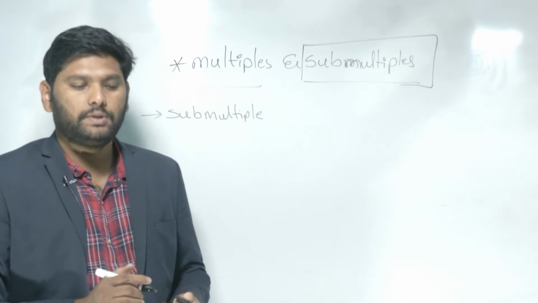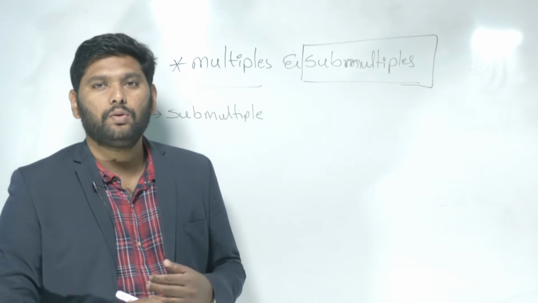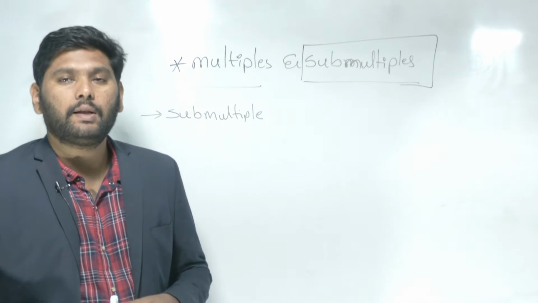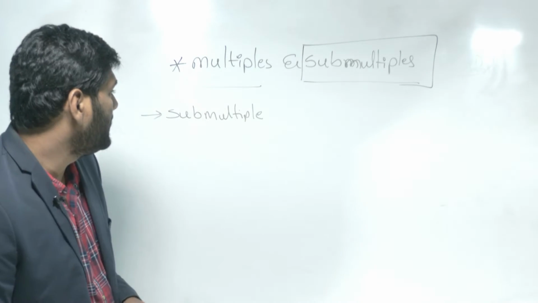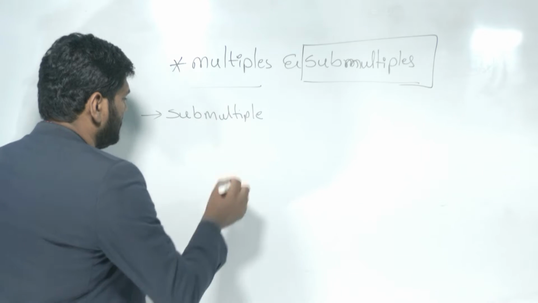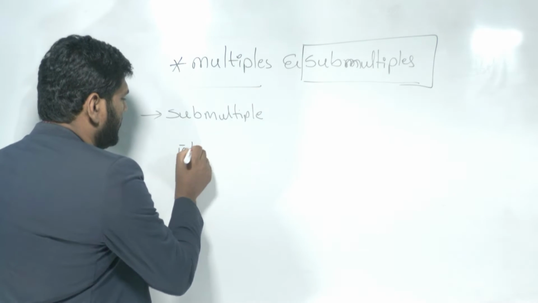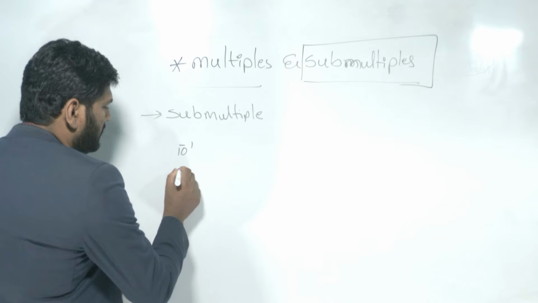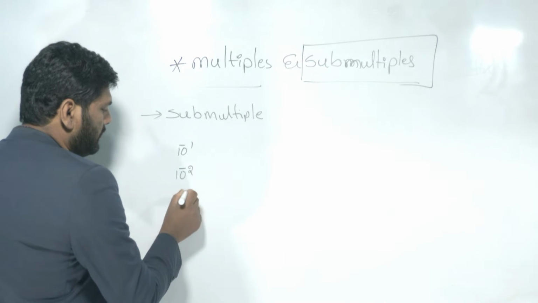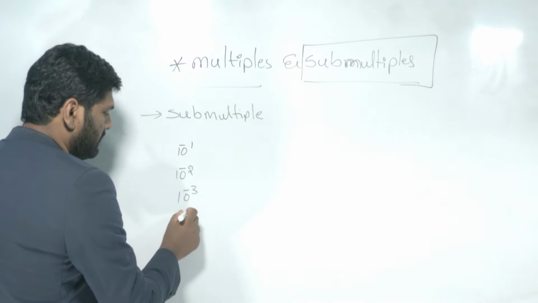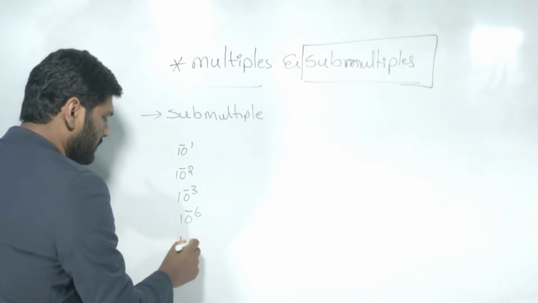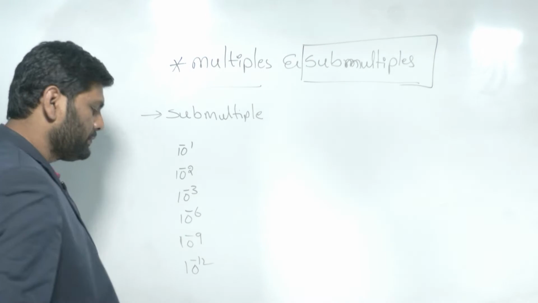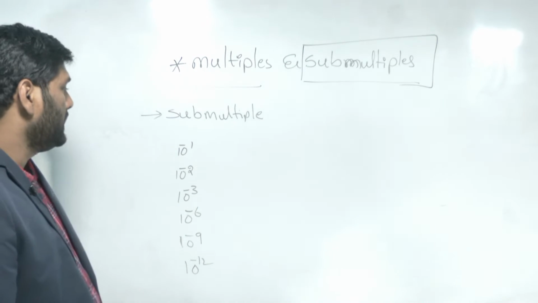Below 10 means negative powers or decimal values of 10, which we consider submultiples. The first submultiple is 10 power minus 1, then 10 power minus 2, 10 power minus 3, 10 power minus 6, 10 power minus 9, 10 power minus 12.